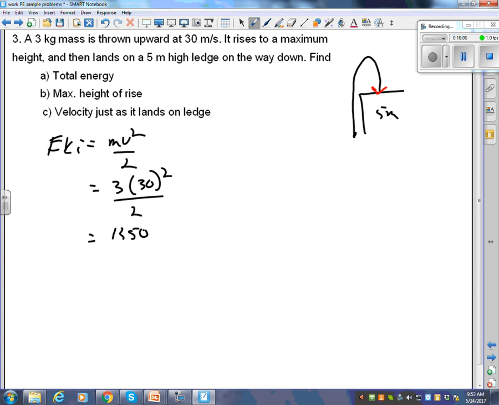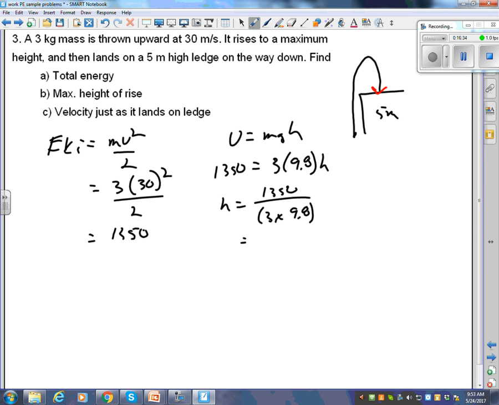You should have got 1350 joules of initial kinetic energy. Maximum height of rise, mgh. 0.9 meters of height, and find out how fast it's going when it lands on this ledge right here.